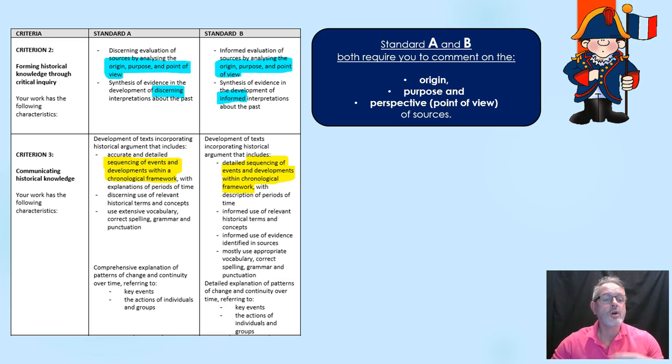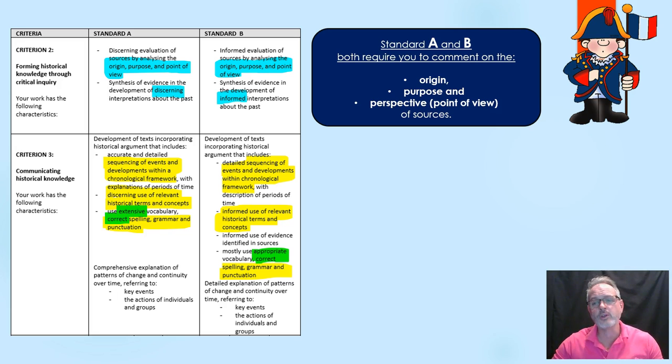Also, in your responses, try to include a sequence of events. This happened before, this happened after. Before this, after this, during this, a sequence in a chronological framework. Make sure you use historical terms and concepts. Make sure you're checking your spelling, your grammar, and your punctuation, GPS. Use an extensive vocab as much as you can.